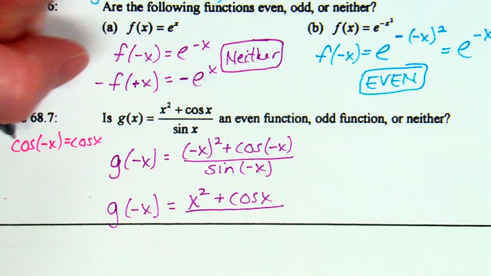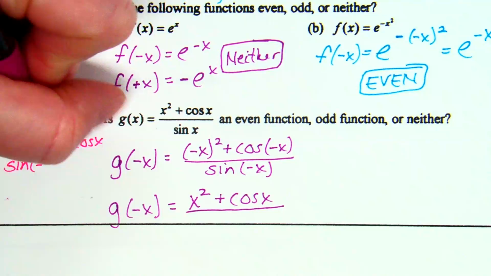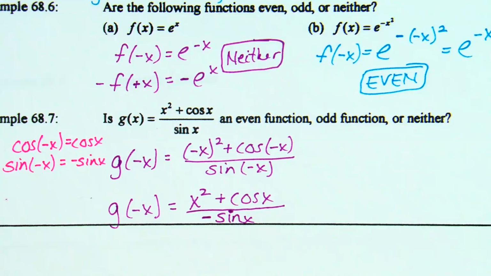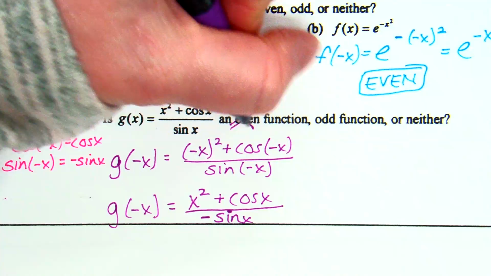What about in the denominator? What about sine of negative x? Yeah, sine of negative x is negative sine x according to the identities. So this is negative sine x. And so at this point, are they even? No. Oh, so close. So we've got an extra negative sign in there.